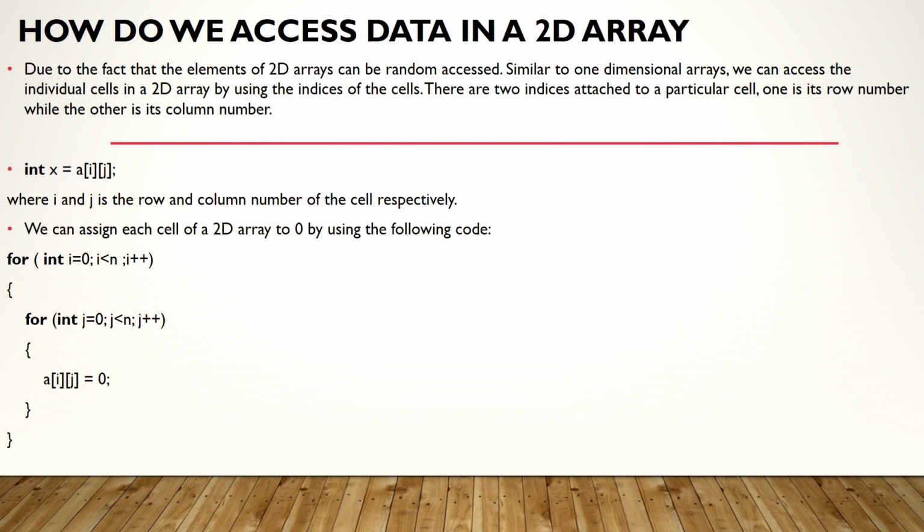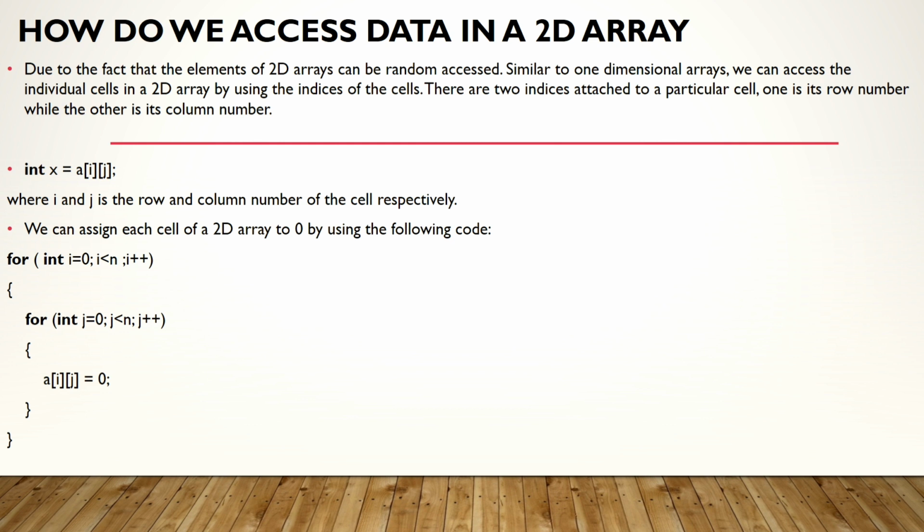So how do we access data in a 2D array? Due to the fact that the elements of 2D arrays can be randomly accessed, similarly to one-dimensional arrays, we can access the individual cells in a 2D array by using the indices of the cells. There are two indices attached to a particular cell.